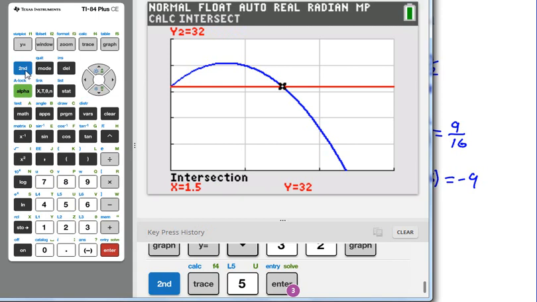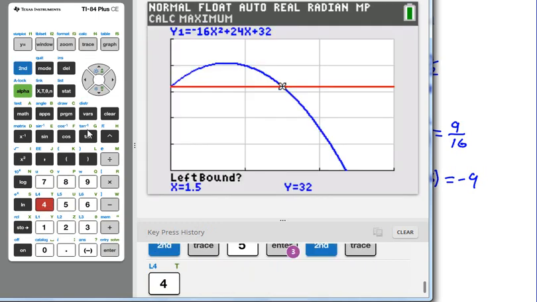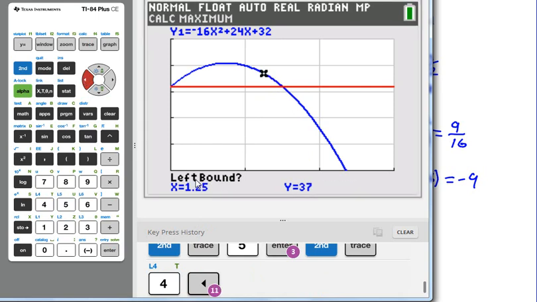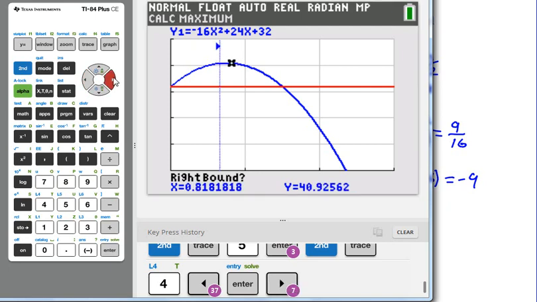And for a maximum, if we put second trace 4 for maximum, and we arrow over here, it says left bound, we arrow here to the left of the vertex and press enter, and then it says right bound, so we arrow over to the right and press enter twice.